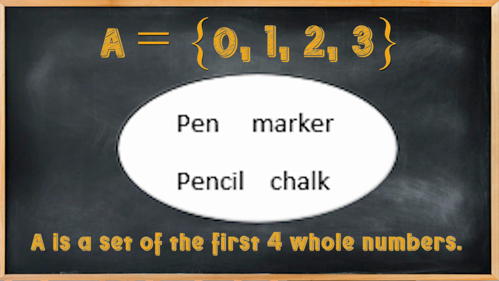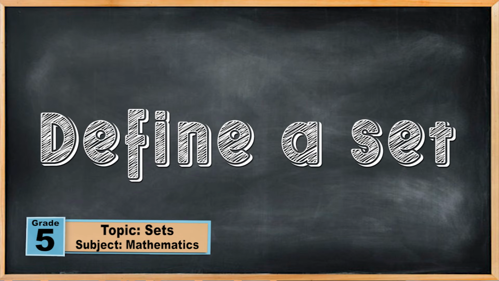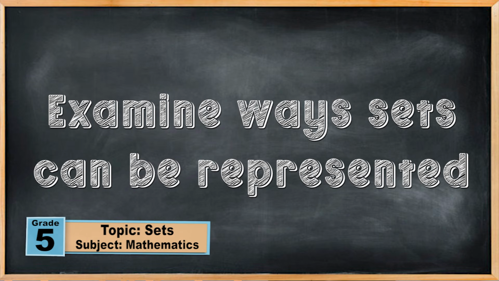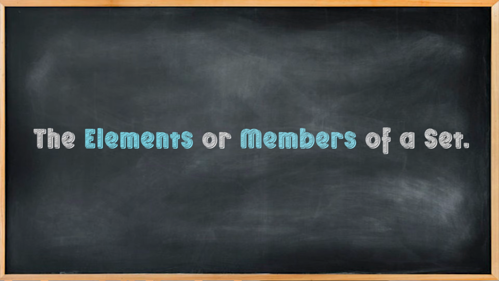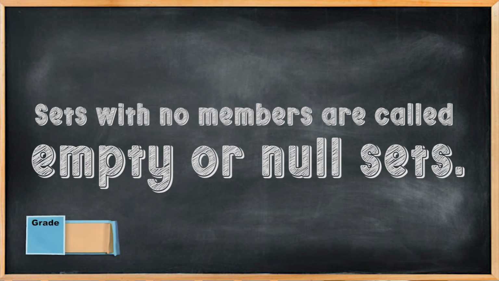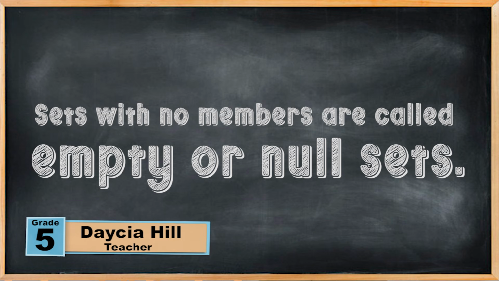You're doing a wonderful job so far, children of grade 5. That is our first mathematics lesson, where we examined all about sets. We talked about how to describe them, how sets are represented, listing members or elements of sets, and the empty or null set.